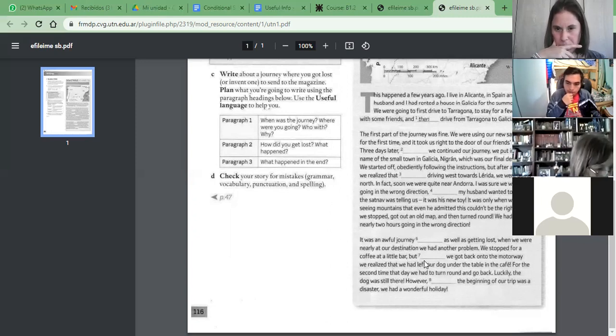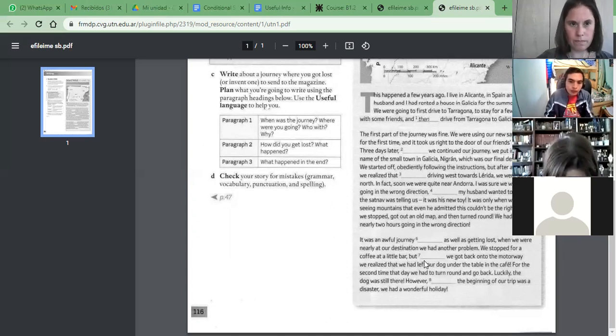I'm not sure in number 6. I think in 7 it is although. But although we got back onto the motorway, we realized that we had. What did you put in 7?